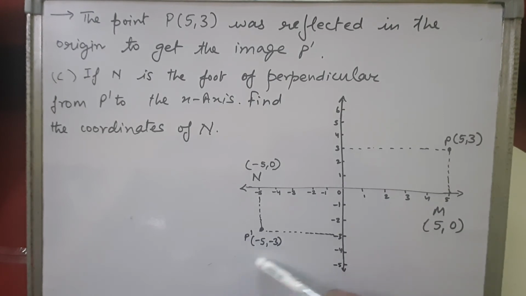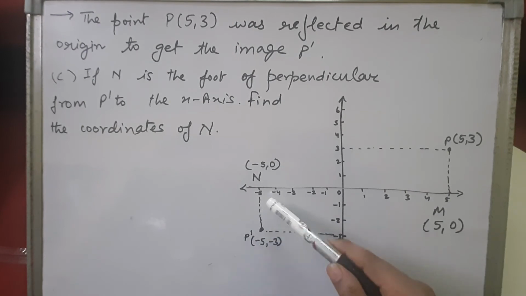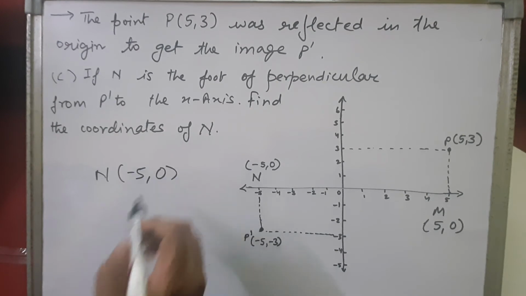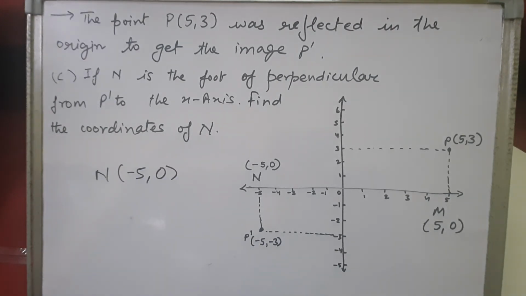The coordinates of P dash are (-5, -3). Now when a perpendicular is dropped from this point to the x-axis, this is the perpendicular. So this point will lie on the x-axis, ordinate 0, and the value of x is -5. So the coordinates of N will be (-5, 0). Alright, note down please.